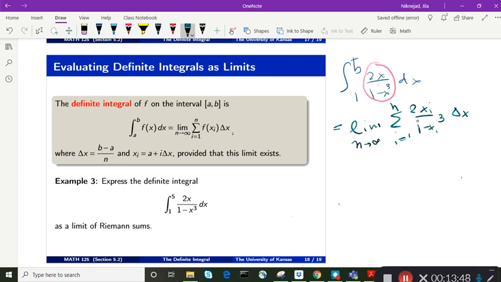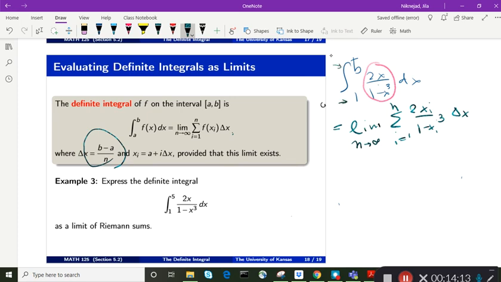And then when I replace the function, now this xi is sort of unknown to me, so I want to replace it with something I know, and then this delta x is unknown to me. I wanted to replace it with something I know. Well, delta x is given here. It's b minus a. What is b and what is a? This one is a.